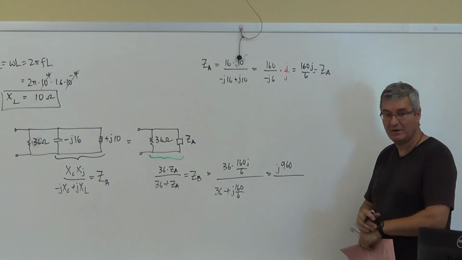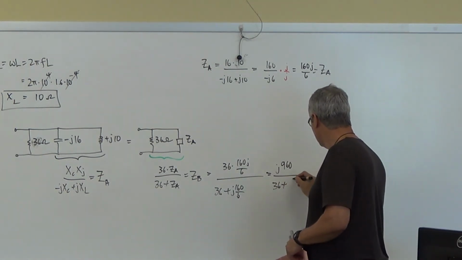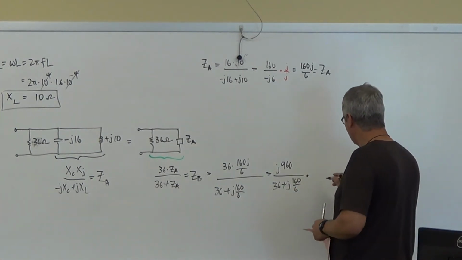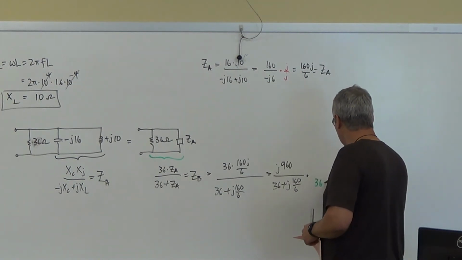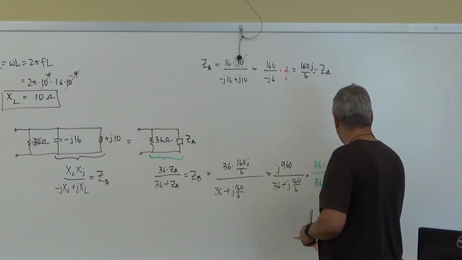So check this out. I'm going to go 36 plus 160 over 6j times the complex conjugate up and above: 36 minus j 160 over 6 divided by 36 minus j 160 over 6.